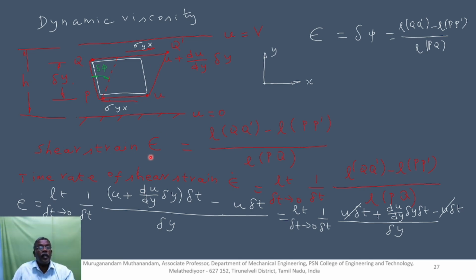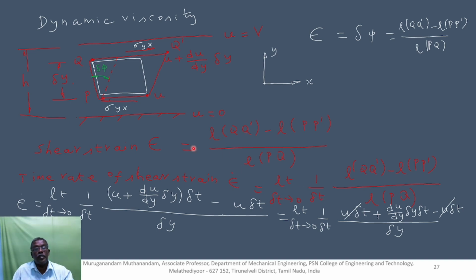So the shear strain, shown here as delta phi, is equal to the difference of the distance travelled by Q and the distance travelled by P divided by the vertical distance from P to Q. It is also called the time rate of shear strain, E dot, which is the ratio of this with respect to time.